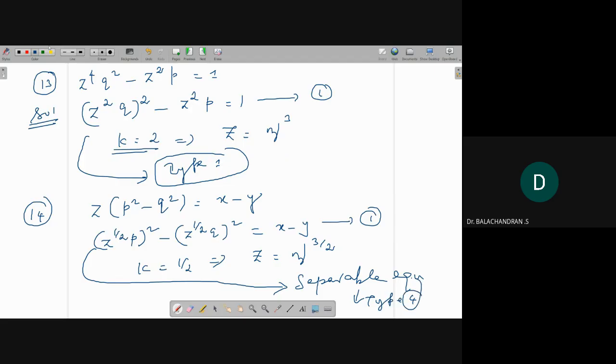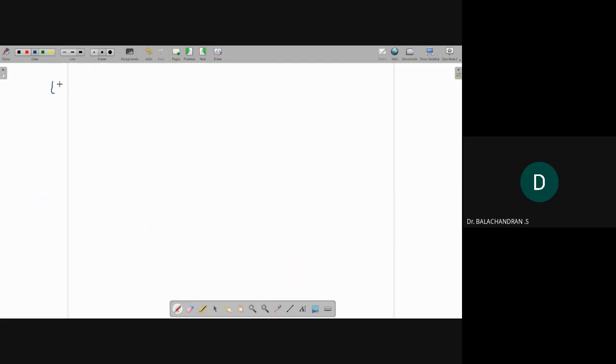And the last one, the 15th problem: q square y square is equal to z into z minus px. So first you should multiply on the right hand side: q square y square is equal to z square minus zpx.